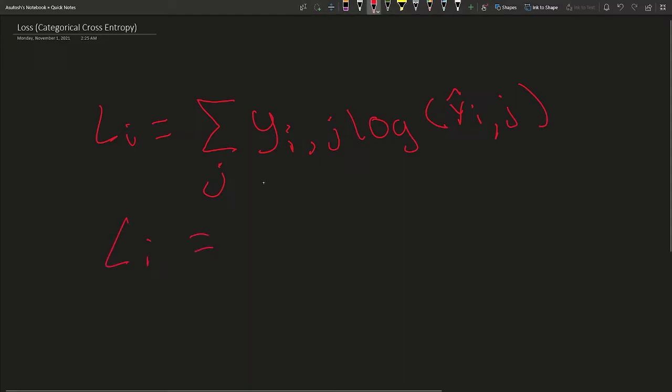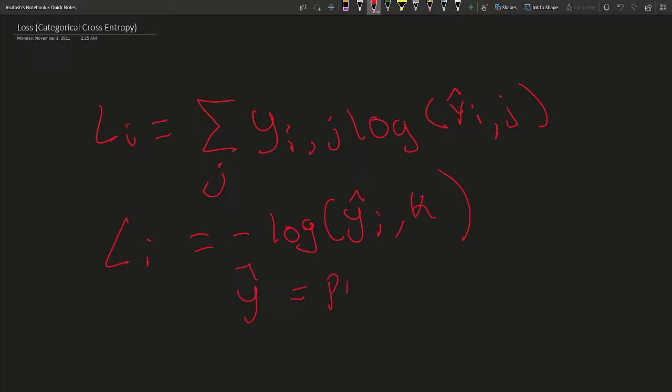So we can rewrite this as negative log of y_i,k, in which y is equal to the predicted values, and k is equal to the target label index.